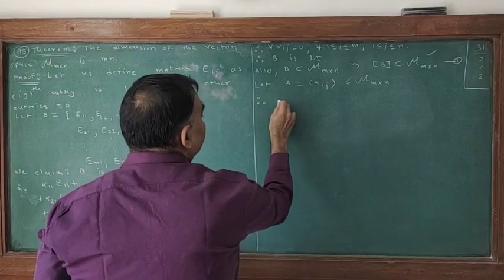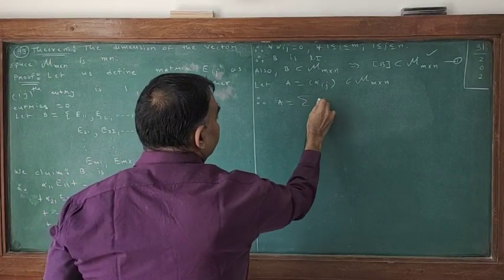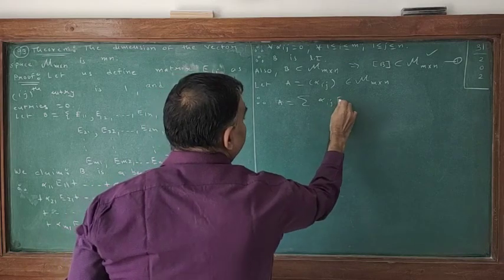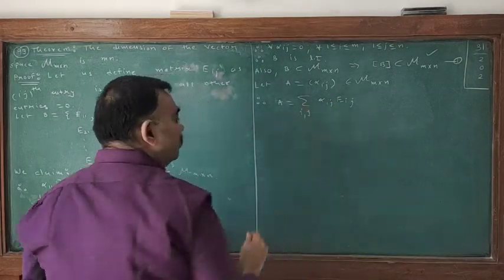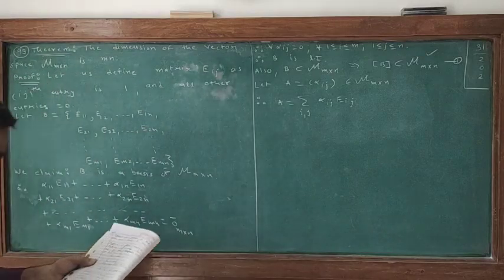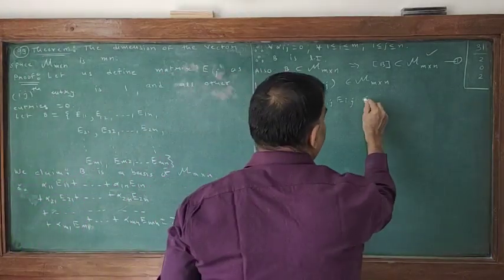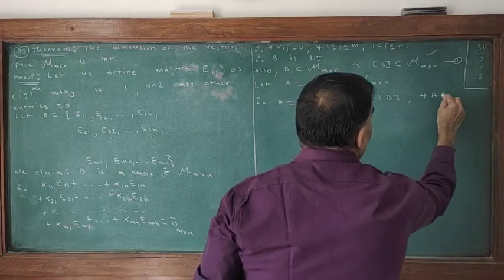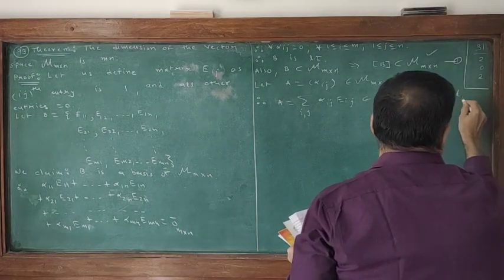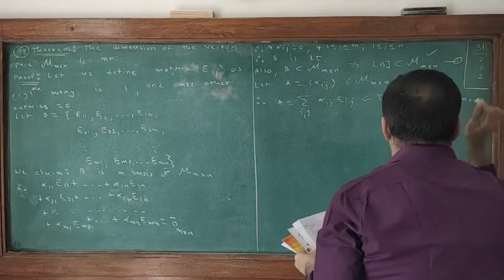Therefore, A equal to sigma alpha ij Eij over all i and j. This belongs to span of B, and this is true for all A in script m cross n.